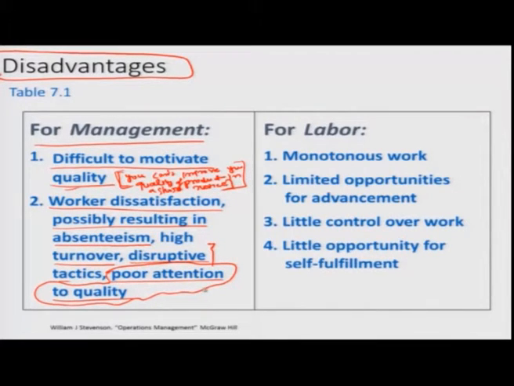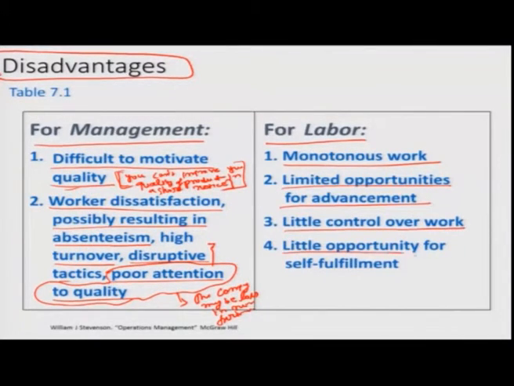So, this may result in, in technical terms, a poor work system design, and the company may be lost in the near future. Okay, for labor: monotonous work, limited opportunity for advancement, little control over work, and little opportunity for self-fulfillment. These are some limitations of job design.